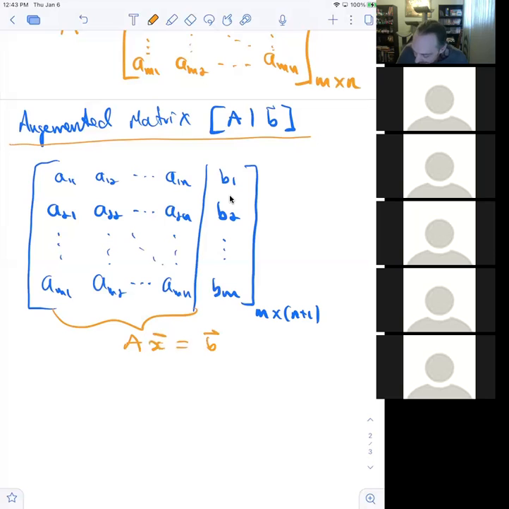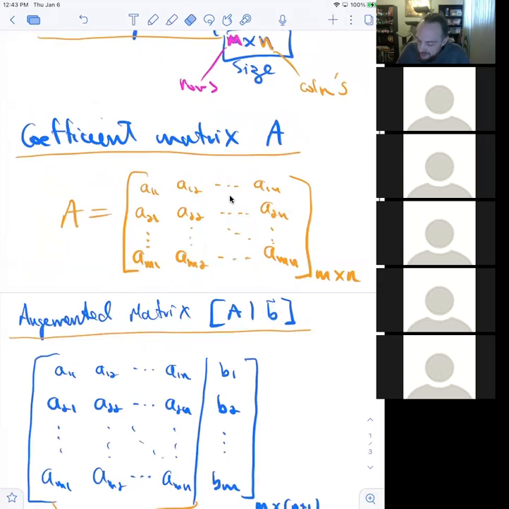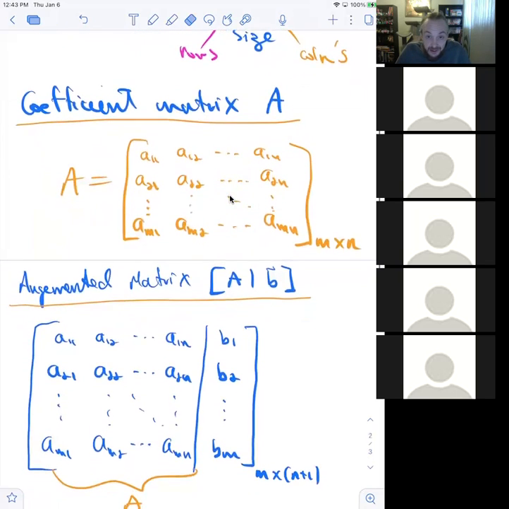And then we're going to write it as AX equals B is what it represents. But right now, this is just the coefficient matrix, which is the left-hand side of the augmented matrix, essentially. So those are our two matrices.